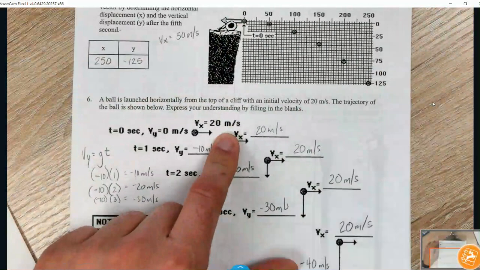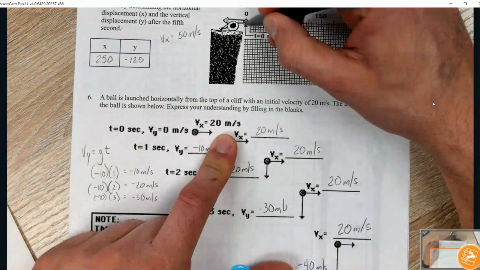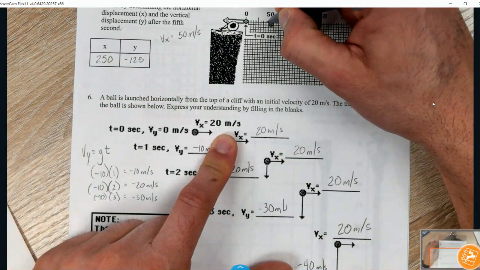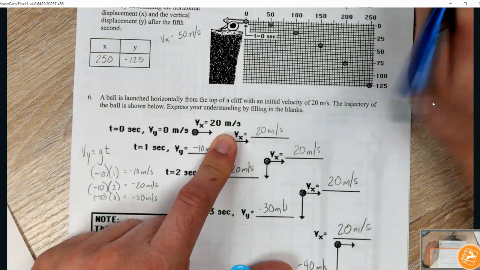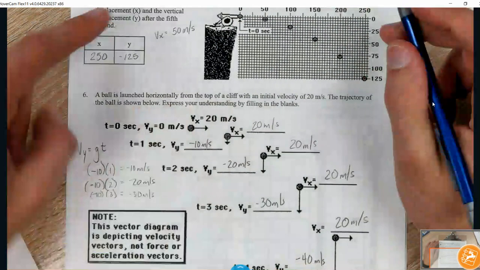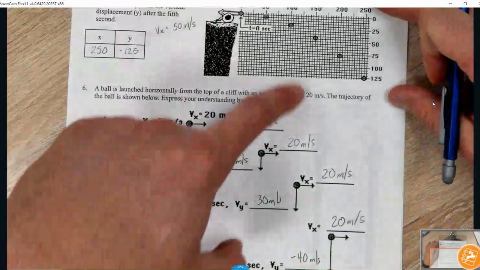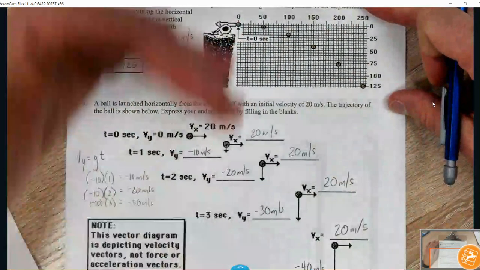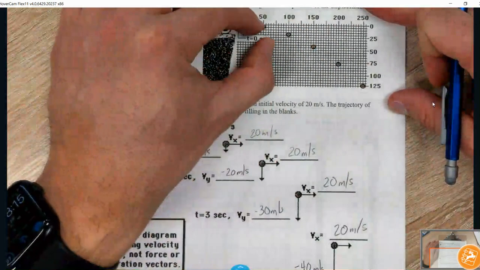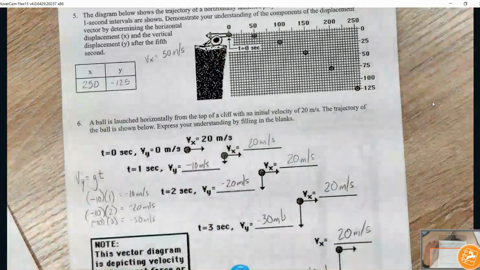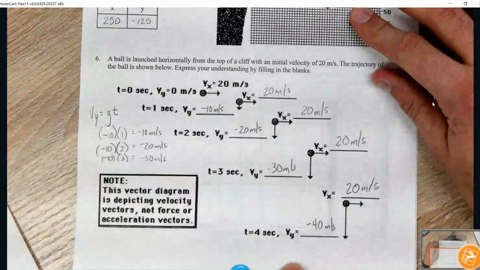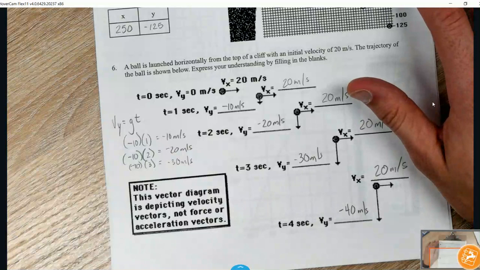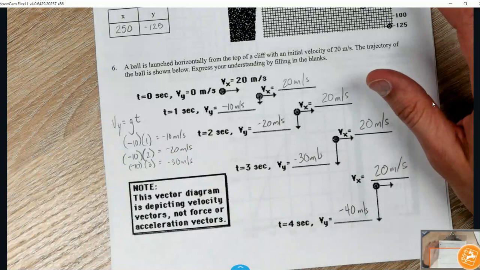If it was every 20, they would be at 20 meters per second every second. They would be evenly spaced. The distance changes in the vertical because every second you're falling, you're gaining speed, so the distance between each fall should increase. And your velocity is going to increase on the way down by 10 meters per second every second that it is in the air.